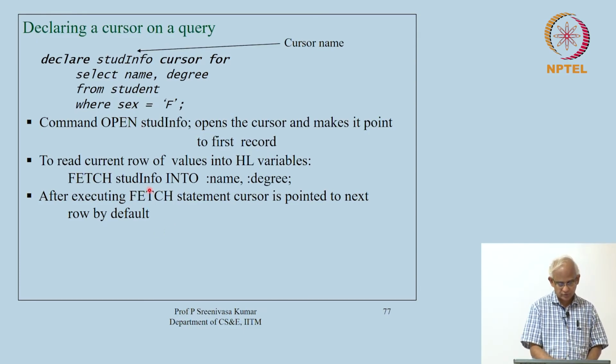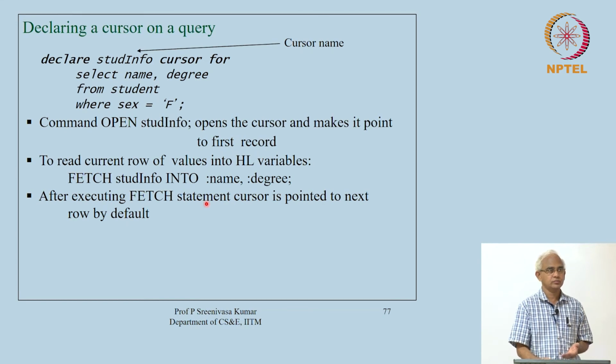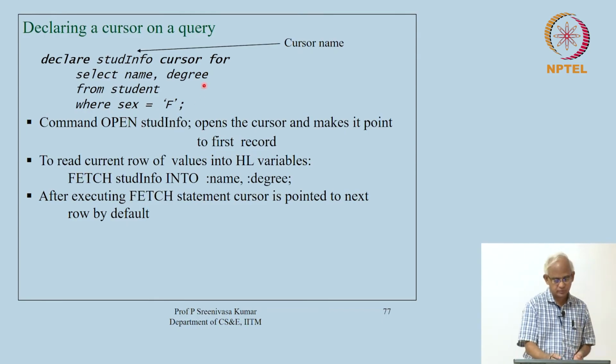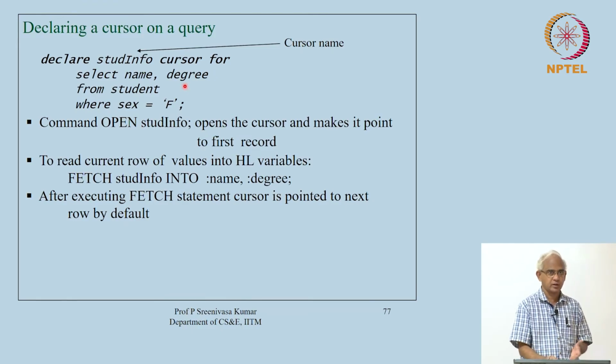After this fetch, the cursor is pointed to the next row by default, but of course you can control whether the cursor should move to the next one, or to the previous one, or should jump to the fifth one next, etcetera. All those things are there as part of the cursor mechanism, but I have skipped mentioning them in the slides.